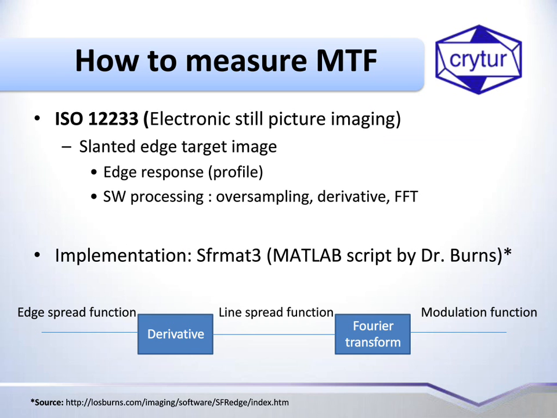By imaging the slanted edge, we derive the edge spread function. We take the derivative to get the line spread function, and then by Fourier transform we get the modulation transfer function, which is the final verdict on the system.